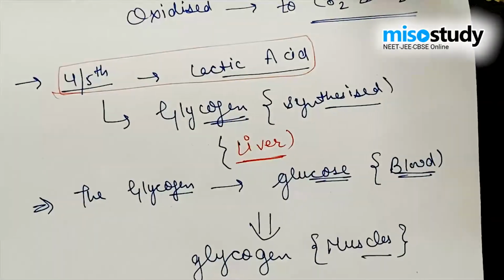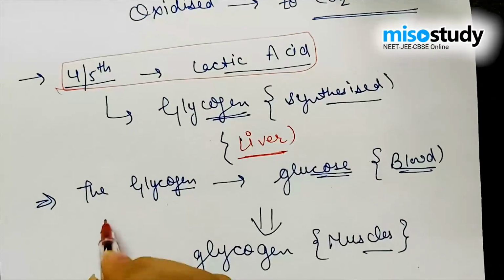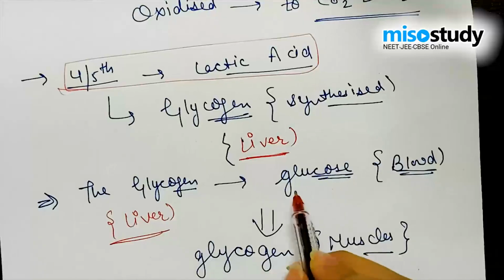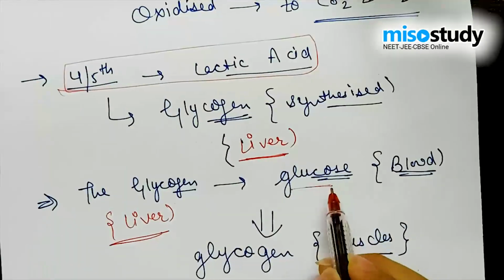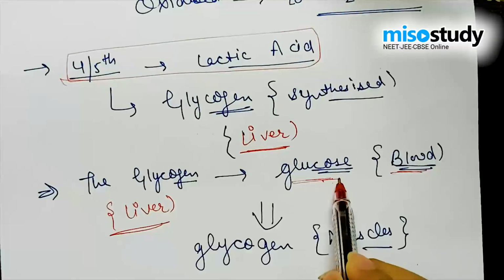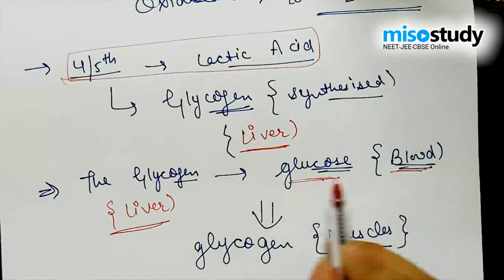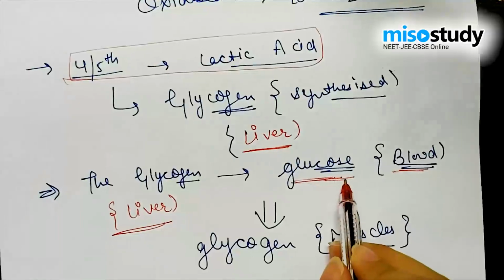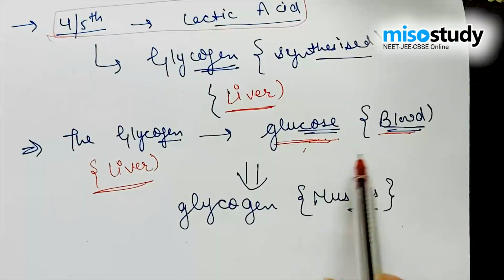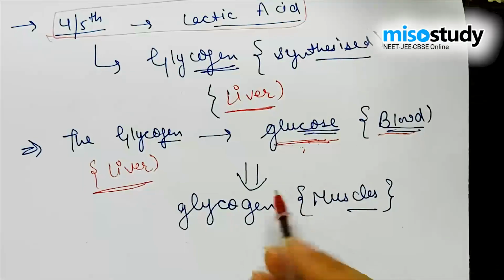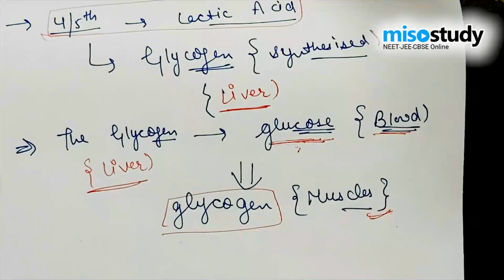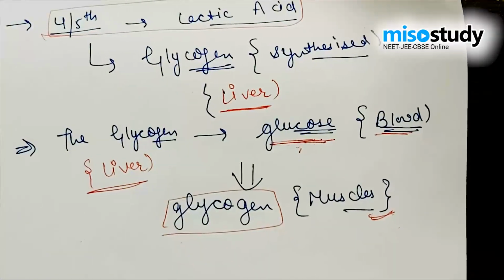When there is a requirement, glycogen is converted into glucose and moves from the liver to the blood, and when there is enough glucose in the blood, it is stored again as glycogen in the muscle.